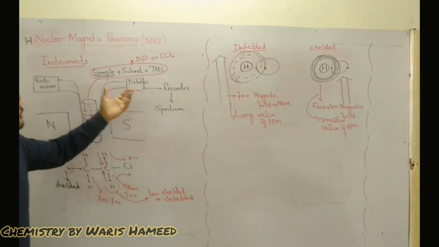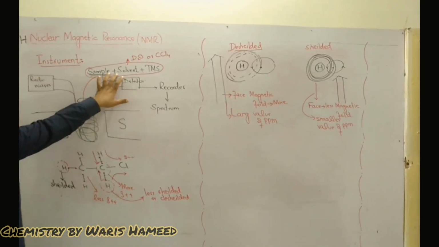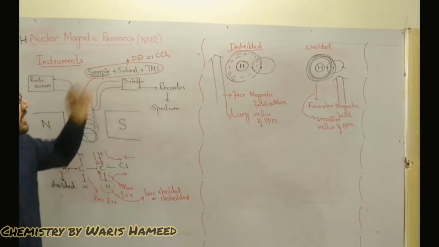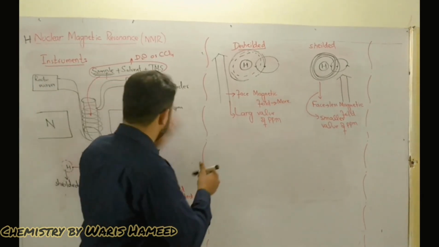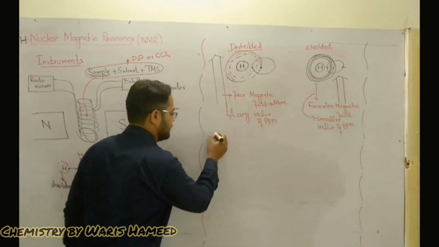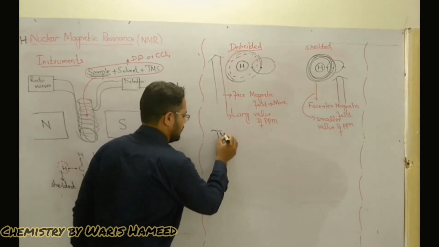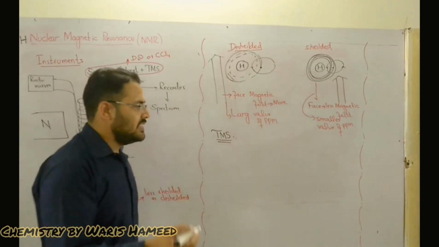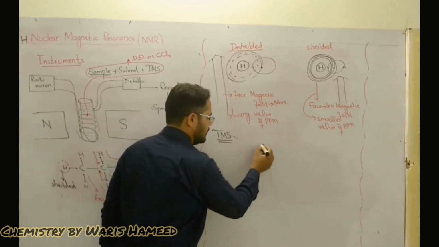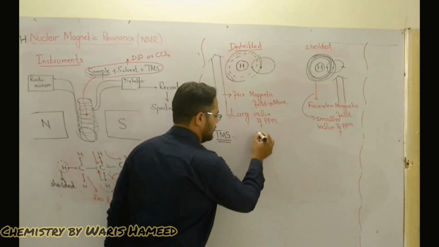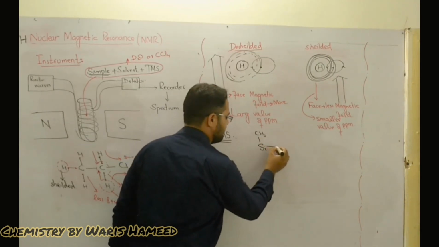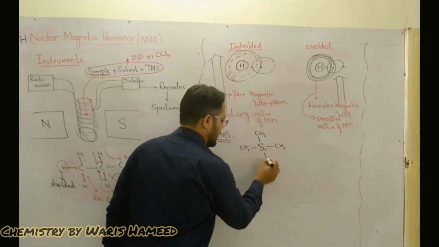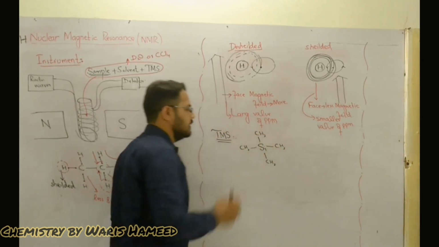As I have told you, in sample preparation we have used TMS. What is the purpose of TMS? First of all, we should discuss TMS. TMS is tetramethylsilane, CH3, and CH3.